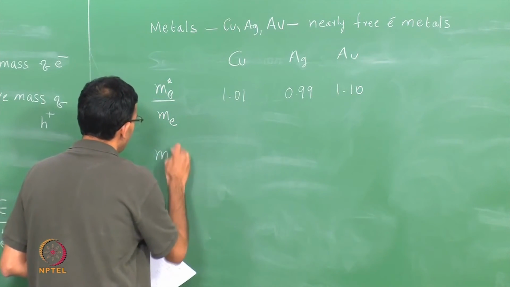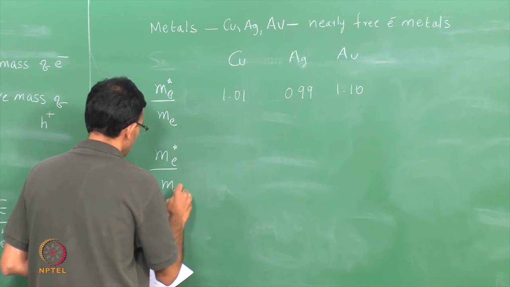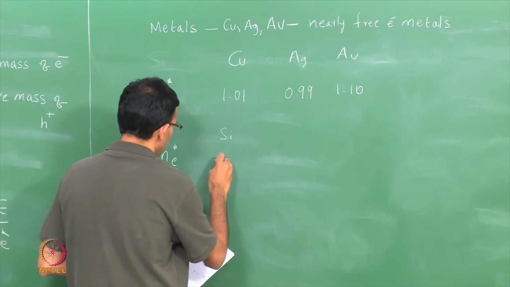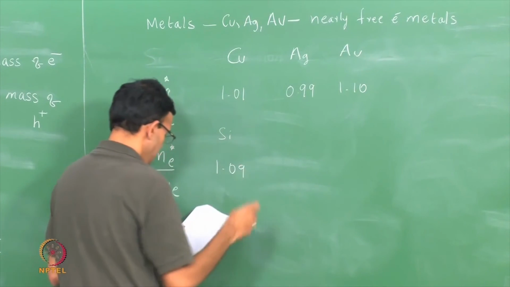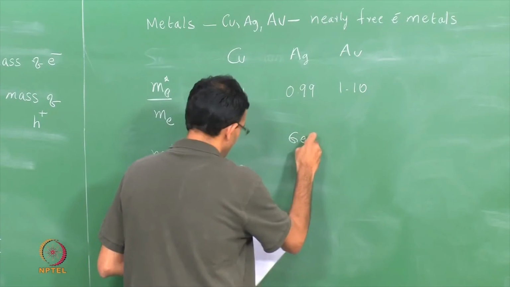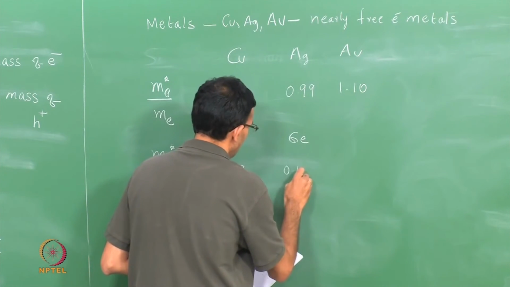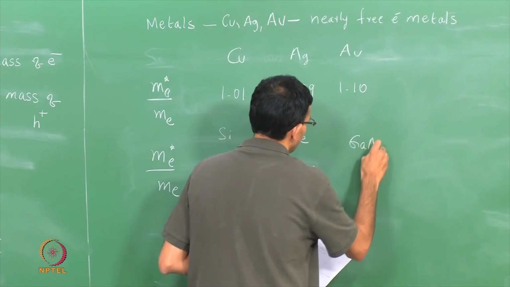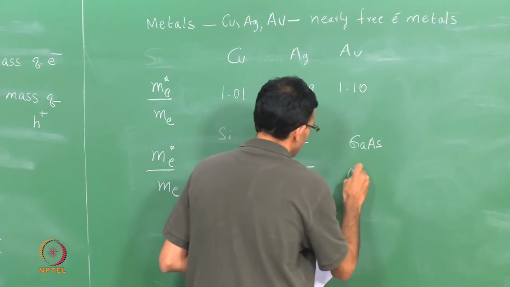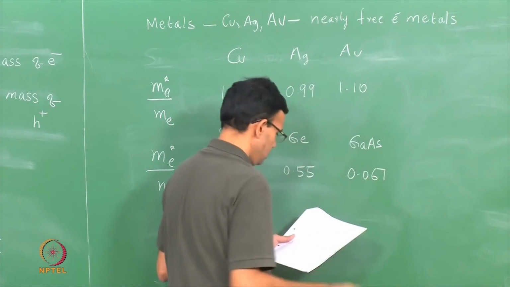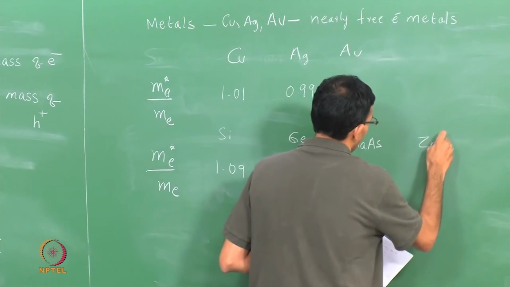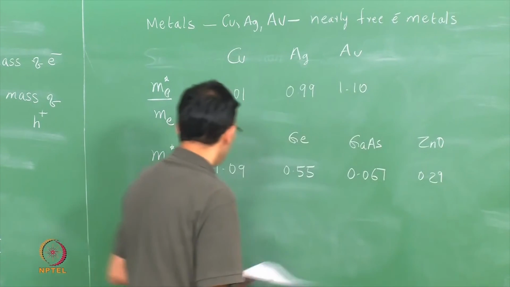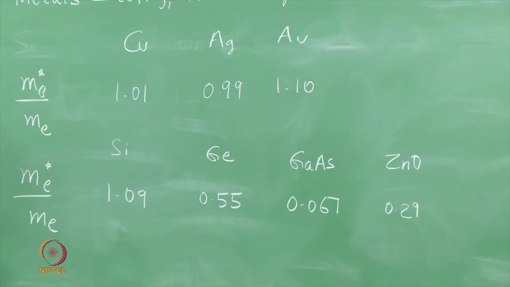Let us look at semiconductors. So, we will first look at the electron. You have silicon, typical value is 1.09, germanium which is around 0.55, gallium arsenide, zinc oxide 0.29. You can also look at the effective mass of the holes.